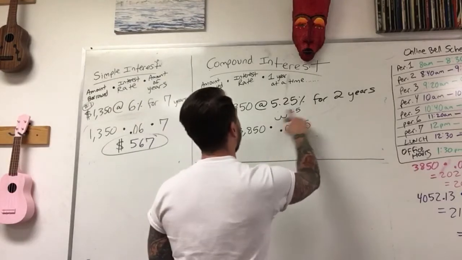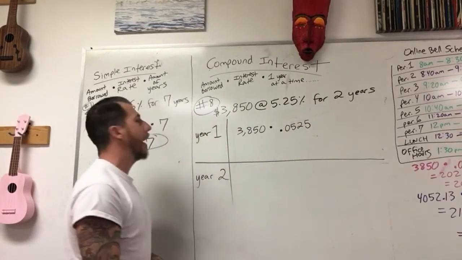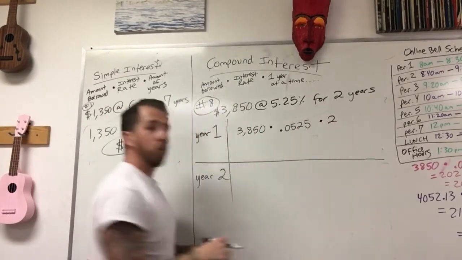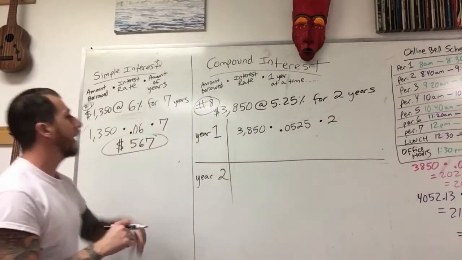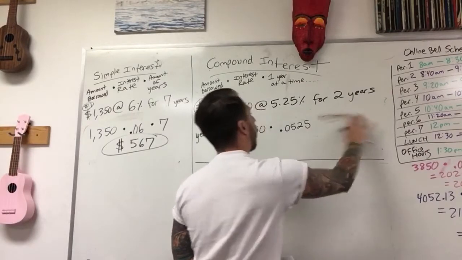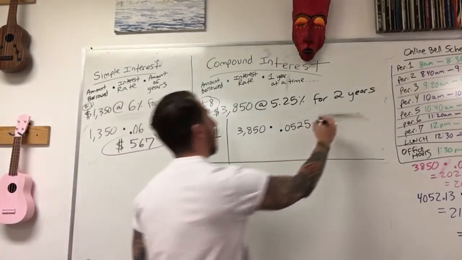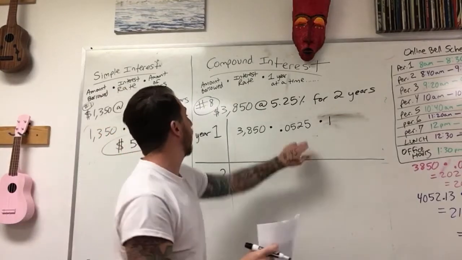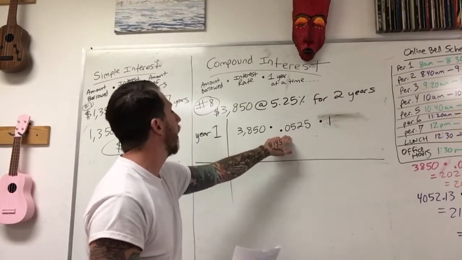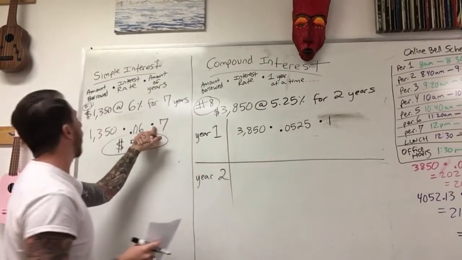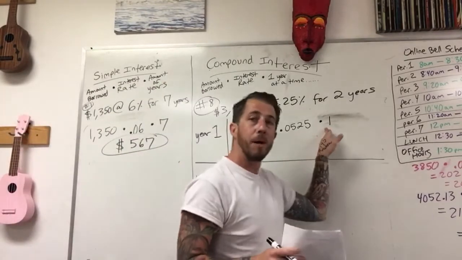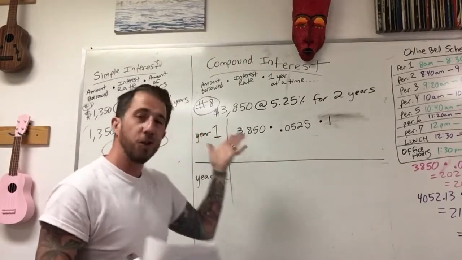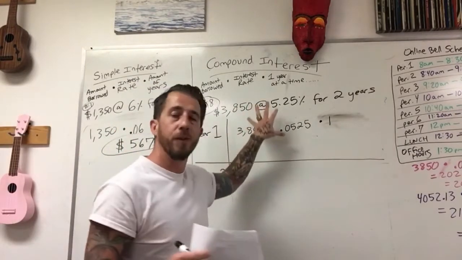Now we have our number to multiply by. Instead of doing times 2 like we would have done for simple interest, we can't do that for compound interest. We're just going to multiply by 1, which isn't going to change anything, but keeps things organized. Why are we doing that? I'll show you in a second after we do this math.